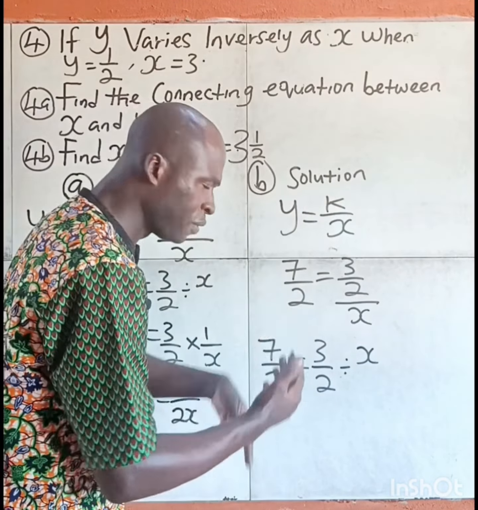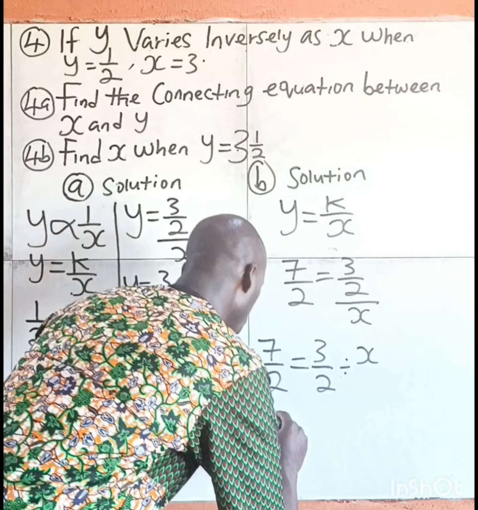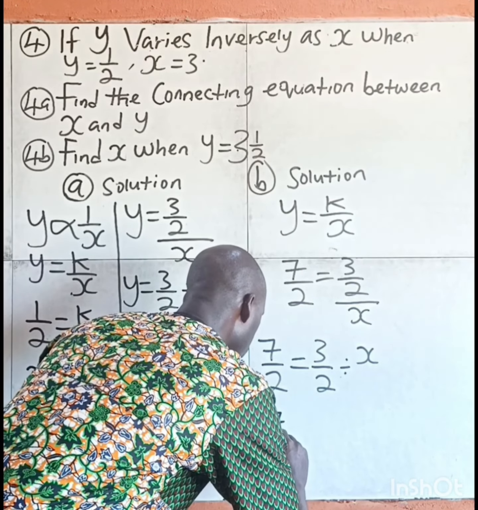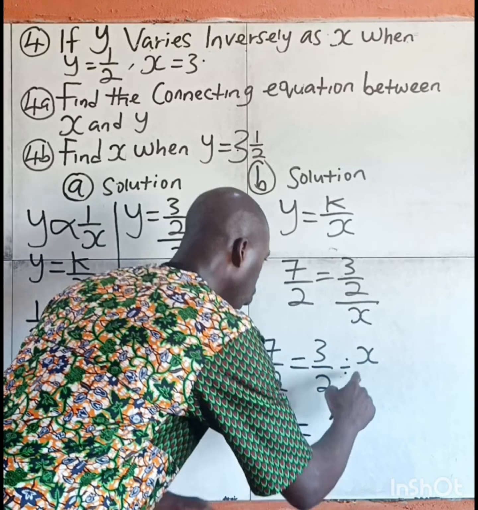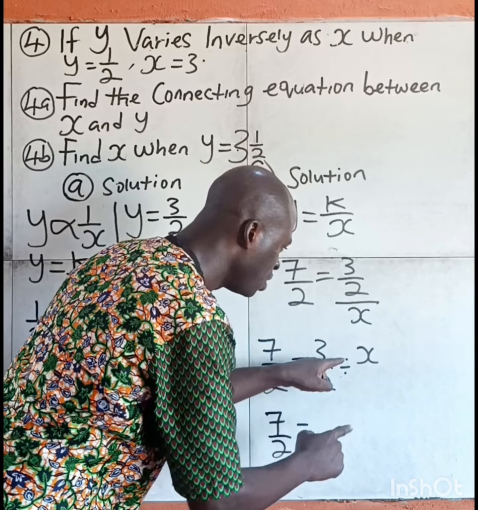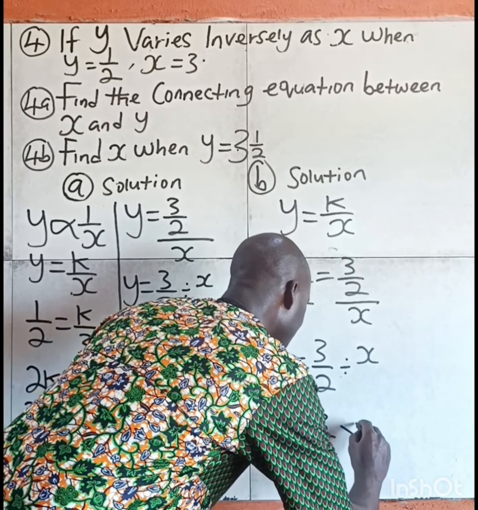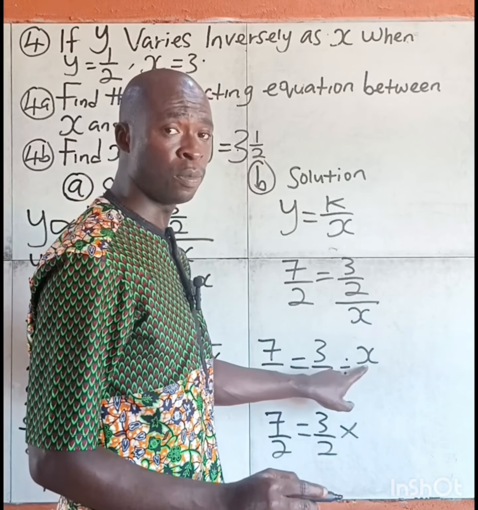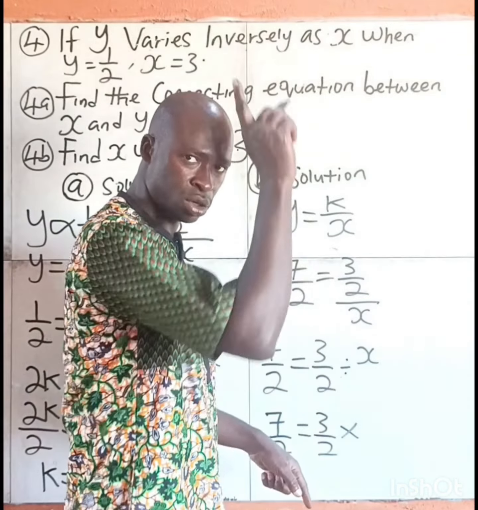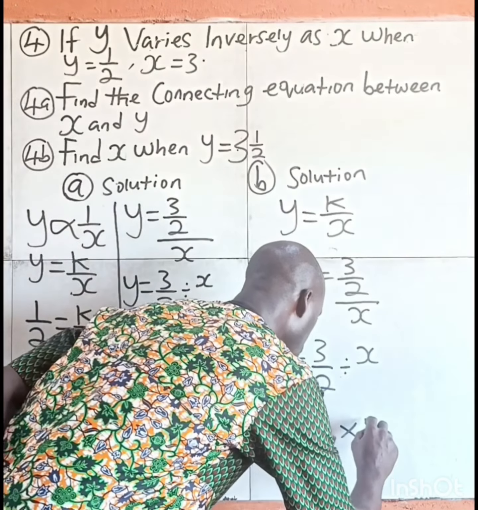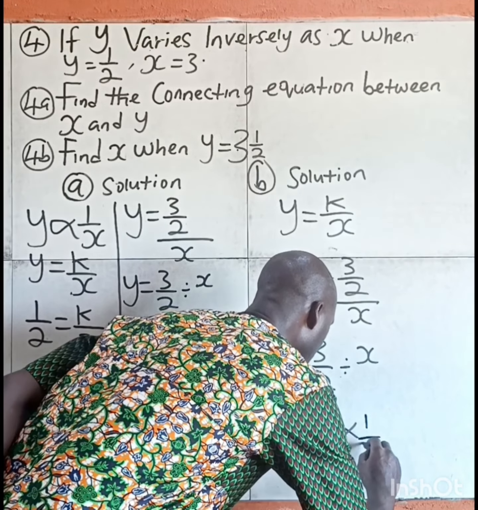If you reciprocate, what you're simply going to have is 7 over 2 equal to this x. If I reciprocate, this division sign will now come to a multiplication sign. So it becomes 3 over 2 times this x that is up before will go down. Then you will have a 1 up. So it's simply going to be 1 over x.